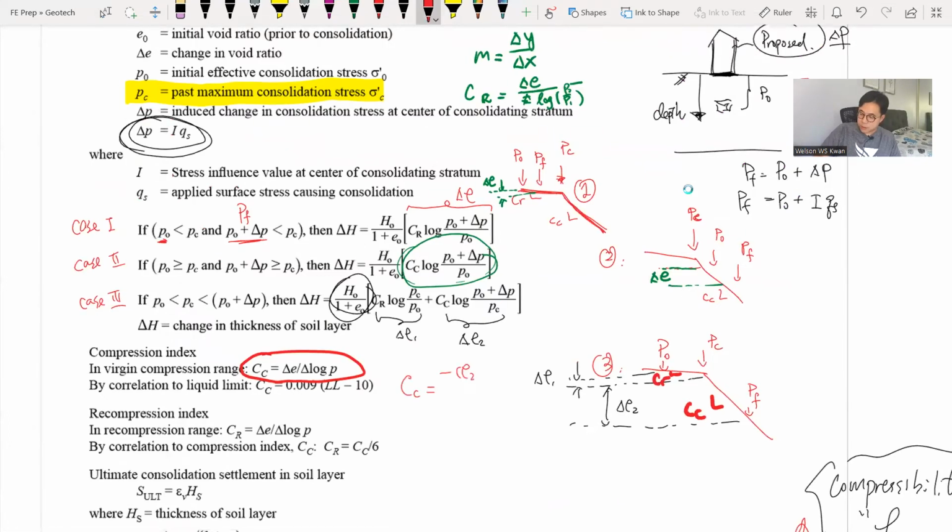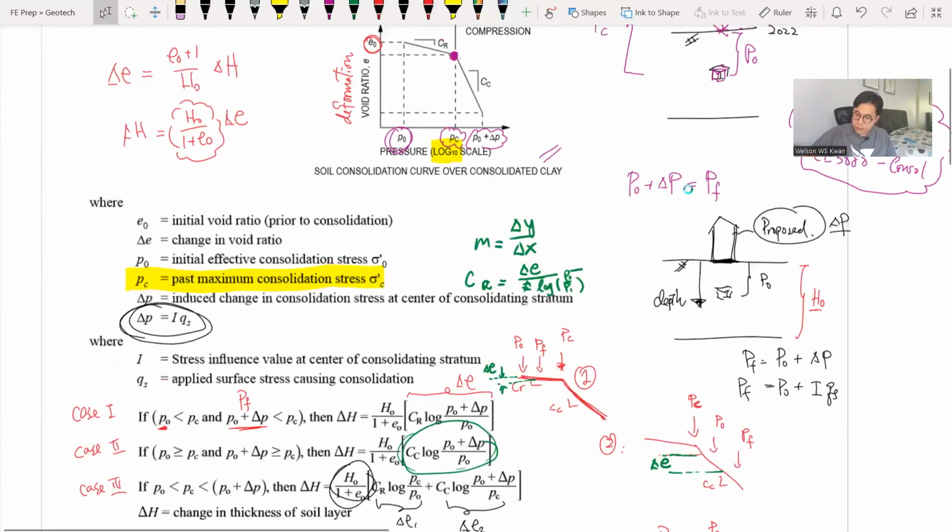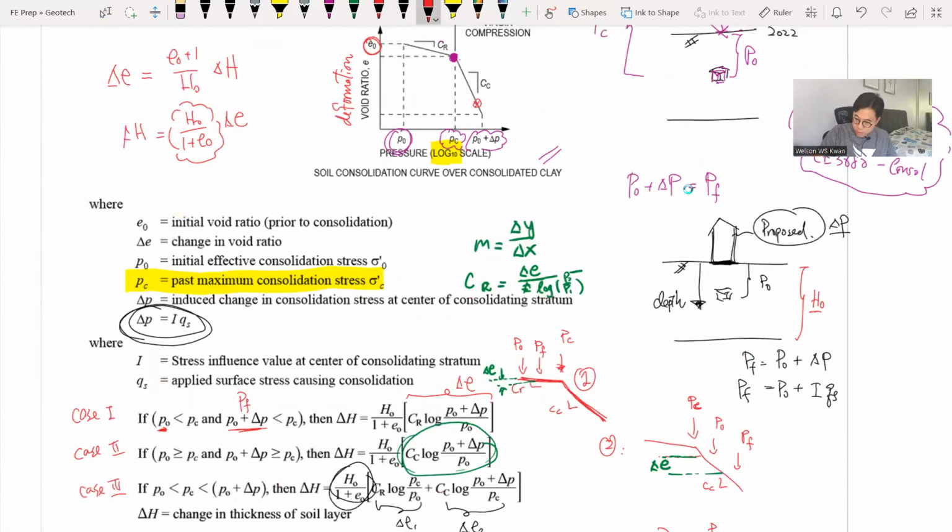Essentially, this means something like this. Consider that you are picking 2 points. So this is a C sub C, and you are picking 2 points right here. This is your sigma P1 and E1, and this is another point here, P2 and E2.